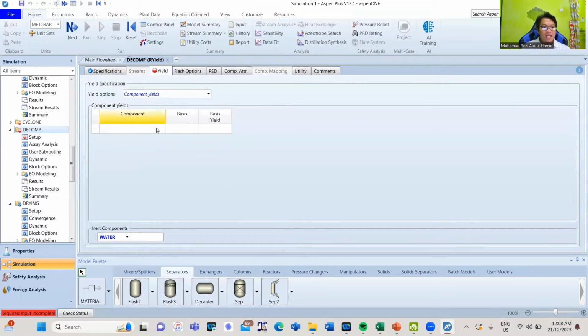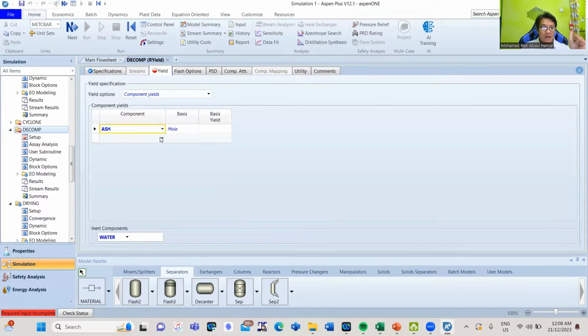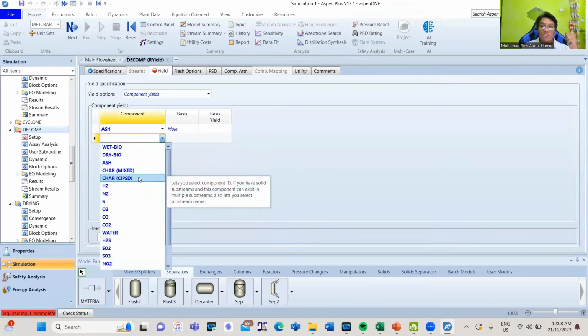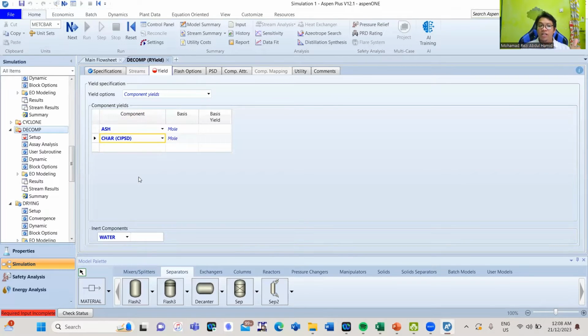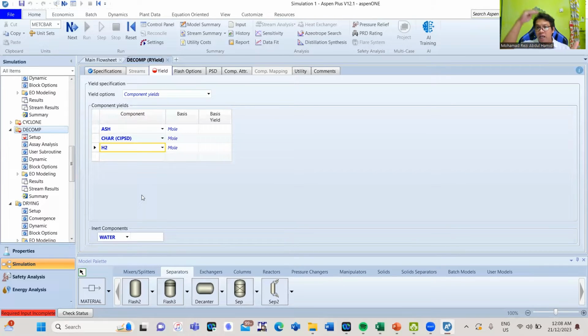Now component yield. My dry biomass will be decomposed into ash, and into char, carbon, which is a solid carbon, and into hydrogen. If you check your elemental analysis, it is monoatomic hydrogen, right? But after the reaction, it's not going to occur in the form of monoatomic hydrogen. It's going to occur as diatomic hydrogen.